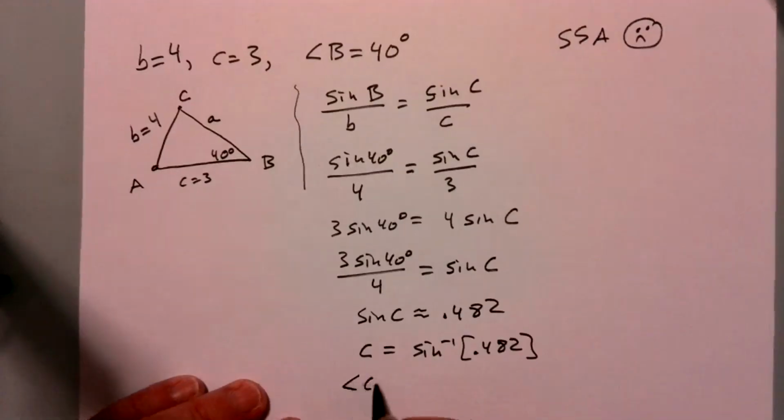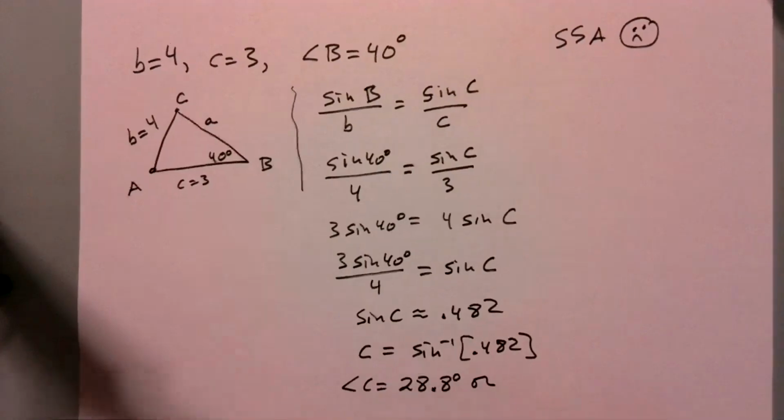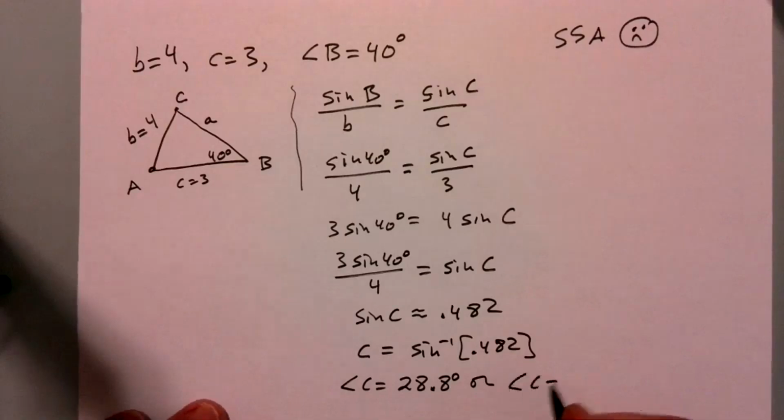So that's angle C is 28.8 degrees. Or, remember, if sine C is positive, I could also have a quadrant 2 angle, couldn't I? So I need to check if that quadrant 2 angle might actually work. So angle C could be 180 degrees minus 28.8 degrees.